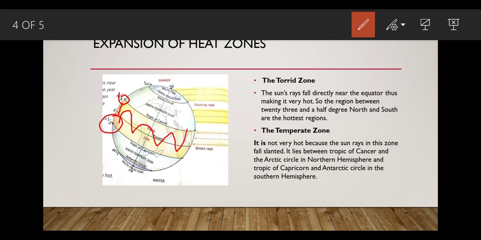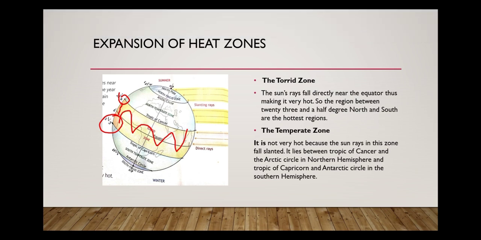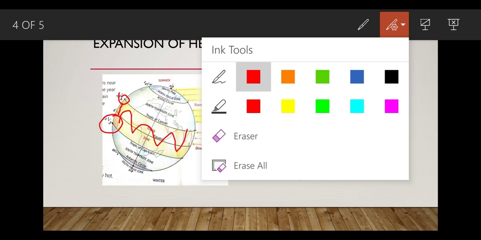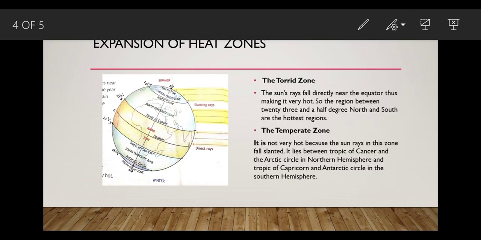Okay. Now let us see the other areas also. Come to the temperate zone. Now children, the temperate zone is not very hot because the sun rays in this zone fall slanted. It lies between the Tropic of Cancer and the Arctic Circle in the northern hemisphere. So you can see from 23.5 degree north till 66.5 degree north, this area is the temperate zone.